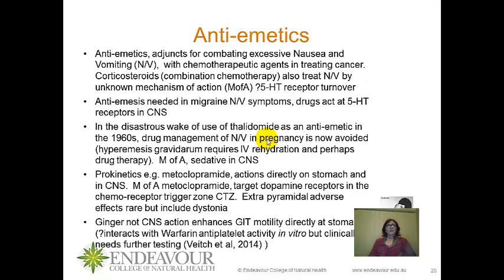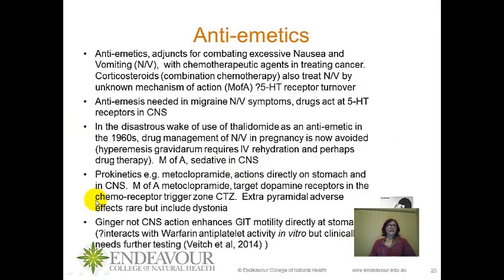So it's avoided now at any cost in pregnant women, but we will see that it does have some uses in some very rare cancers as an immunosuppressive. It's used in people with HIV, but once again, when there is clearly no chance that that person, if female, would be pregnant.